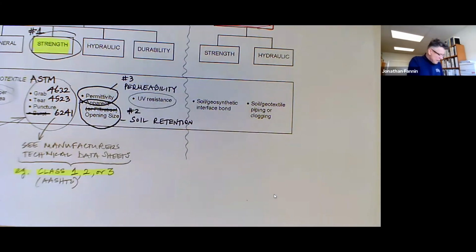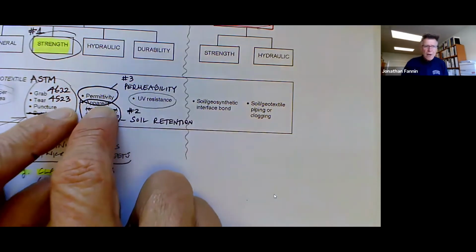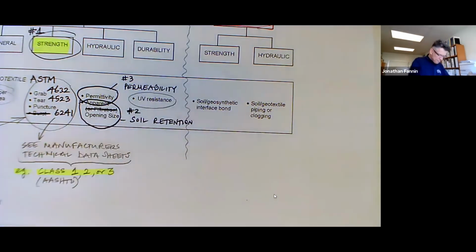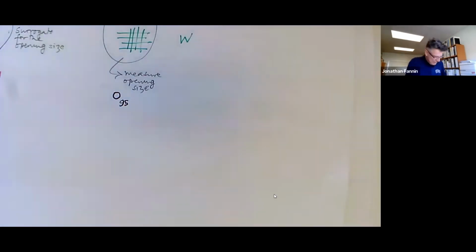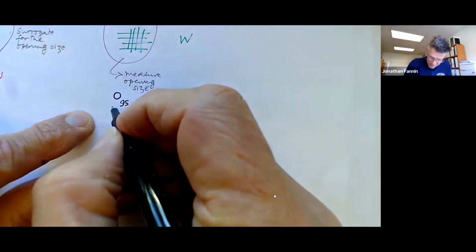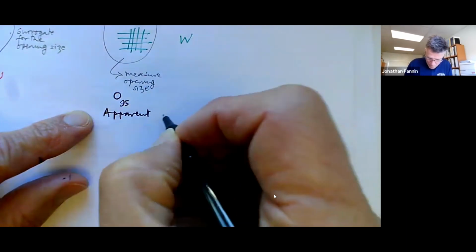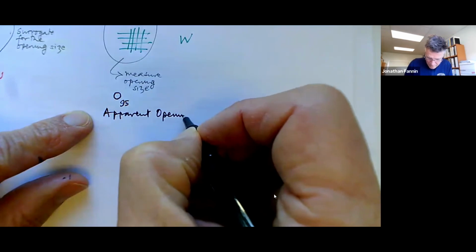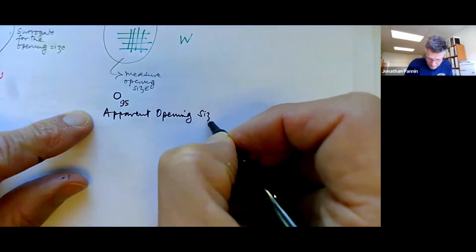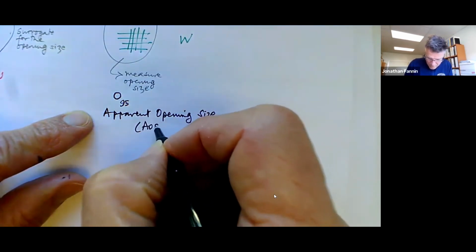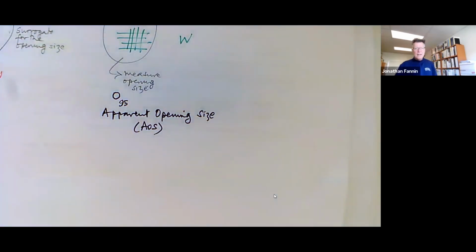It may come back again, but it's currently discontinued. So let's just restrict ourselves to apparent opening size. Let's put that label here, 0.95, the apparent opening size. Manufacturers may occasionally be reporting it as AOS.